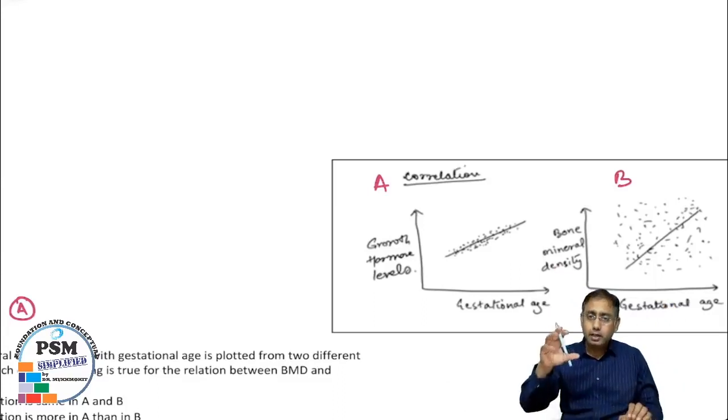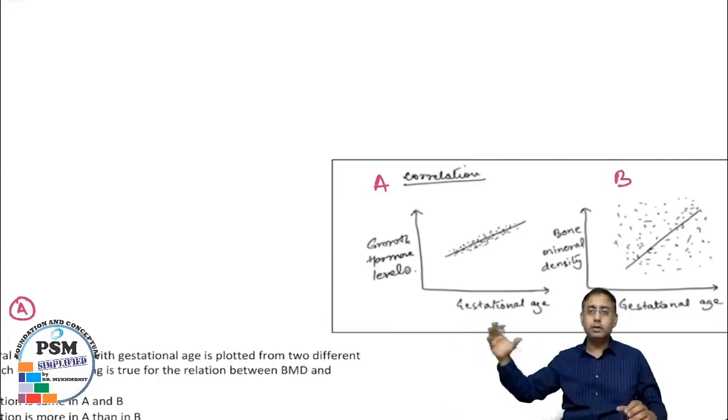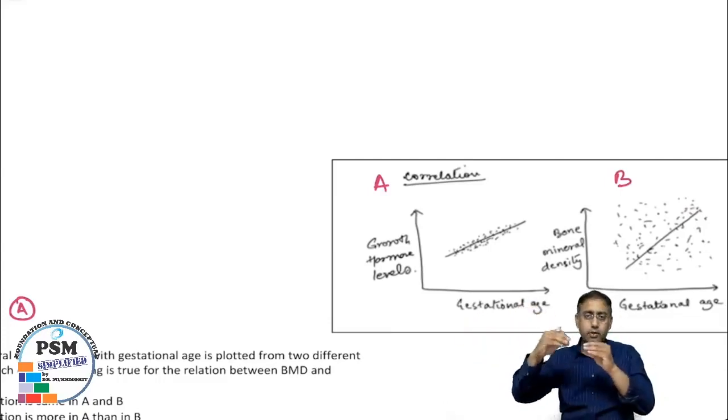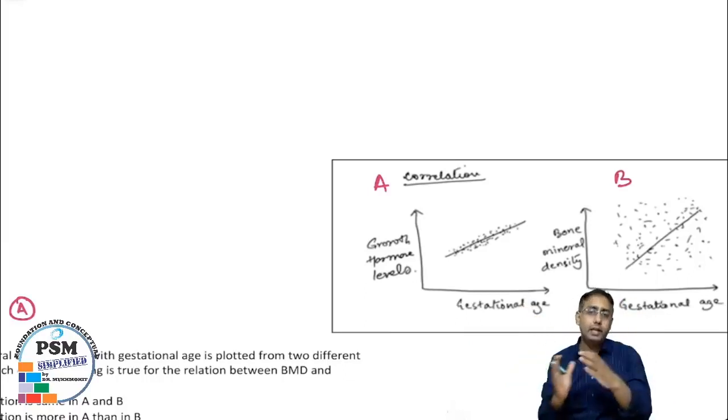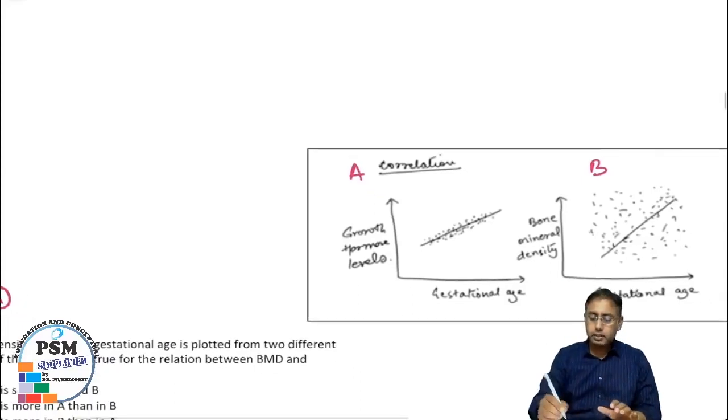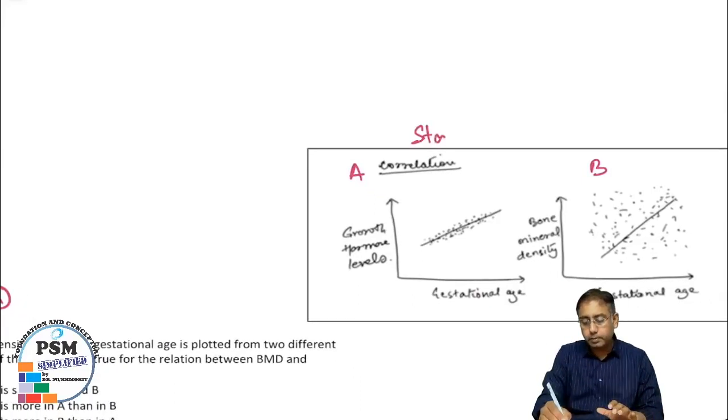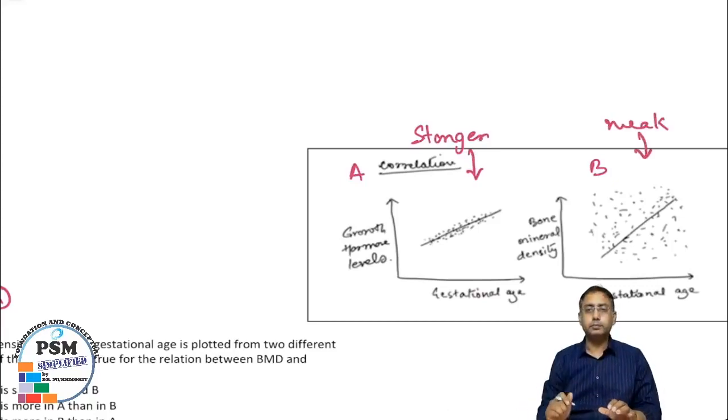It is a very low correlation; the strength of correlation is very less. Whereas in this curve, the values are very near to it, the variation is very less, and they are more closely compacted. So we say this is a stronger correlation, whereas this is a weak correlation.